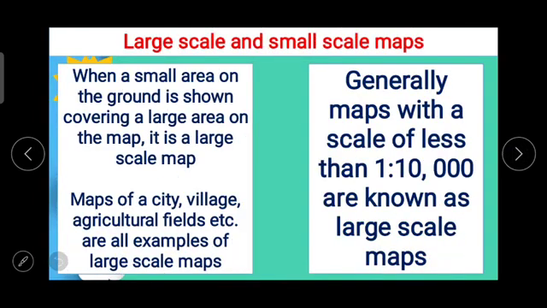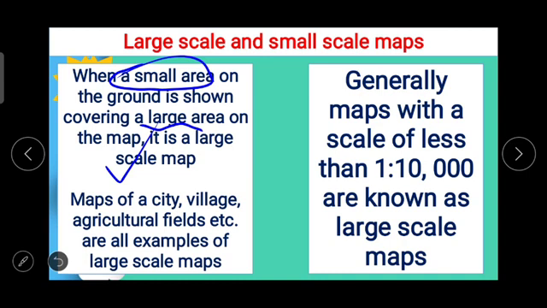Now next point, large scale and small scale maps. When a small area on the ground is shown covering a large area on the map, it is a large scale map. When a small area on the ground is covering a large area on the map, then it is a large scale map.